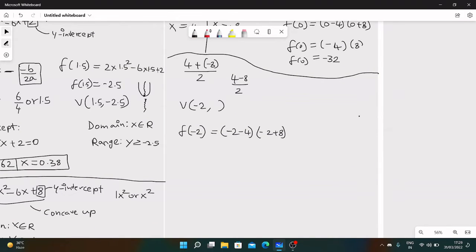So when we do that, we will get f of minus 2 as minus 6 into 6. So that's going to give us minus 36. So we can fill this in as minus 36.